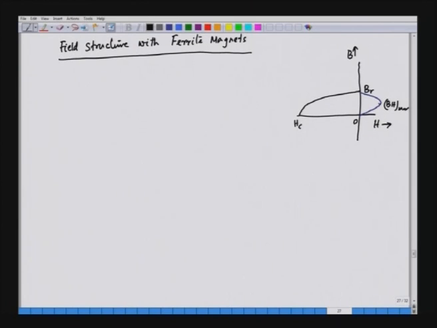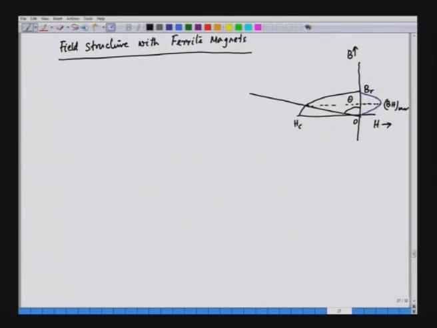And this corresponds to an operating point which is here. So, it means theta in this case is large. So, this angle is theta. So, it means ferrite magnets are also very widely used in motors.